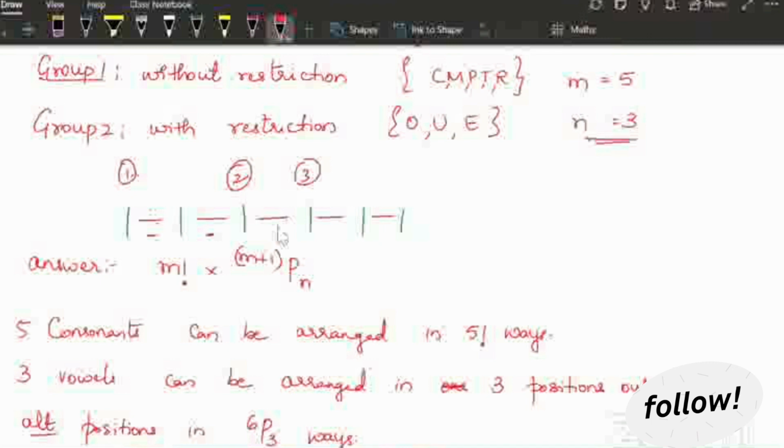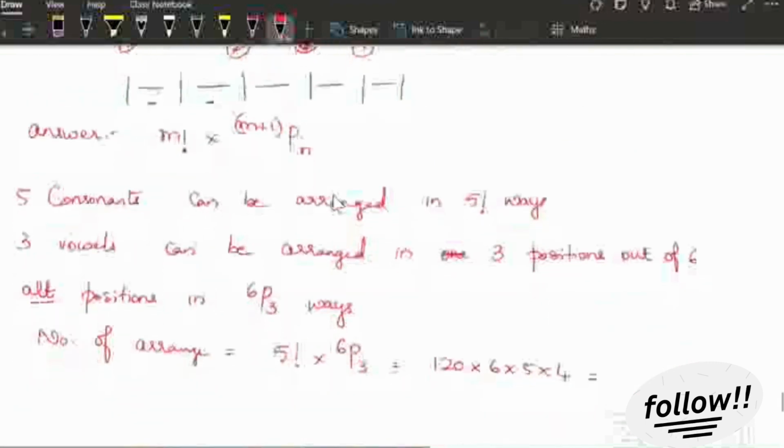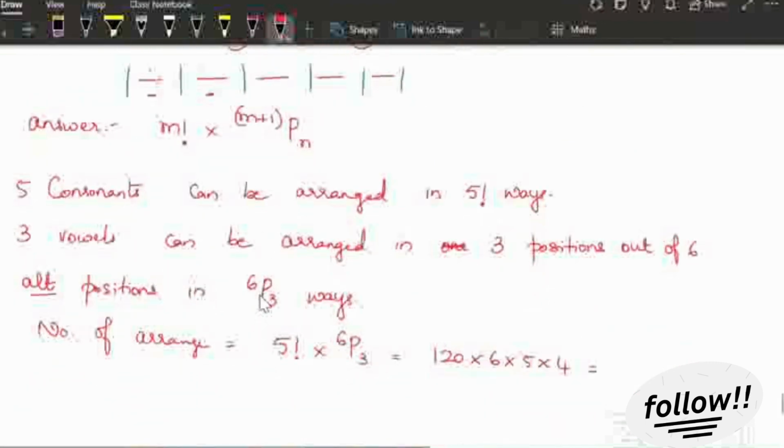Between second and third vowel, I will have 1 letter. So basically, they're not together. Now between every pair of vowels, there are 2 letters. So take any 3 positions out of this alternate position. They will definitely have at least 1 consonant between them. That is the concept of choosing n positions in these alternate positions.